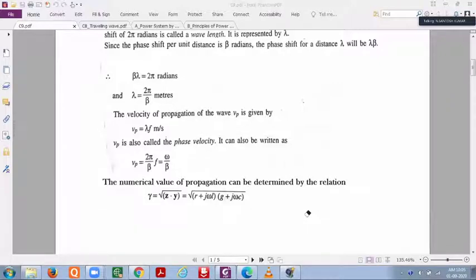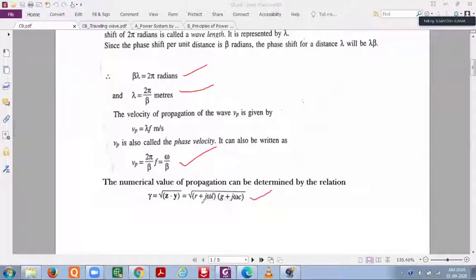If you know those four terms, I can calculate the numerical value of the propagation constant, which is given by this. So you are supposed to remember these things: the voltage equation and the propagation constant equation, right?